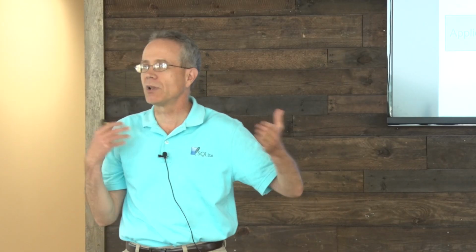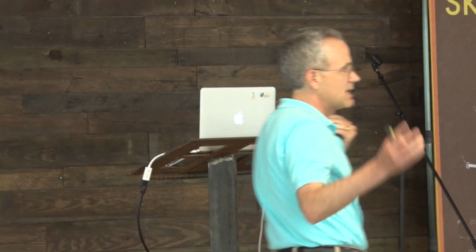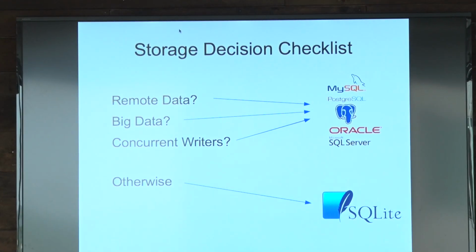Because if your data is off on another machine, you really ought to be thinking about using a client-server database engine. So here's your decision matrix. You've got a problem, and you want to know, well, okay, what database engine am I going to use to solve this problem? And you think, all right, one, is my data remote from my application? Do I have to go across a network to get to my data?